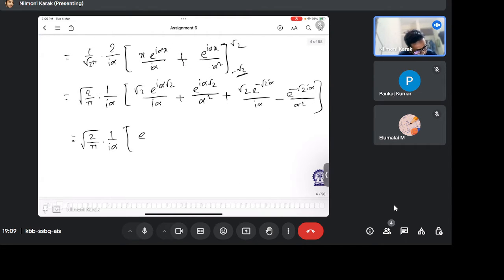So you have to make it like that. Root 2 i alpha is common.